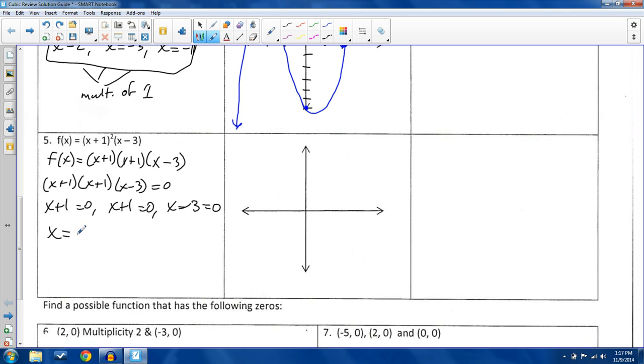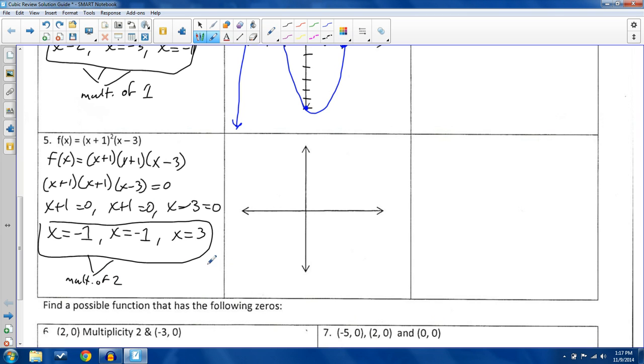So that means x equals -1, x equals -1, or x equals 3. So you can see x equals -1 appears twice. That gives this a multiplicity of 2 at x equals -1. And then at x equals 3, that's a multiplicity of 1. It only multiplies in there once, not twice like this guy.